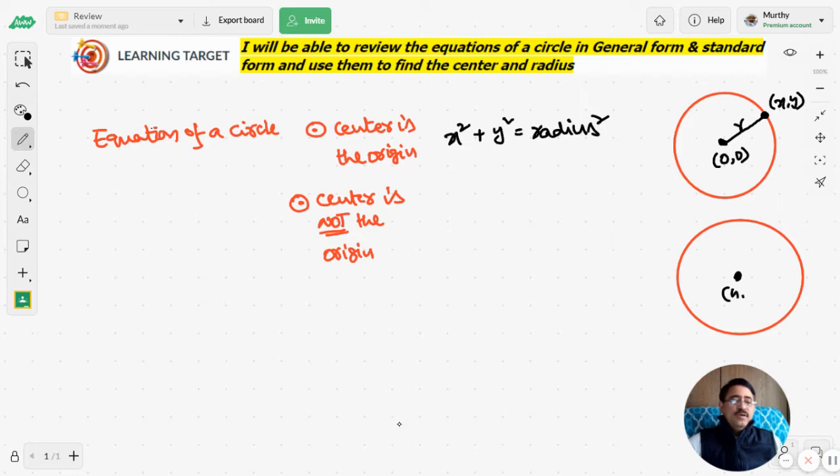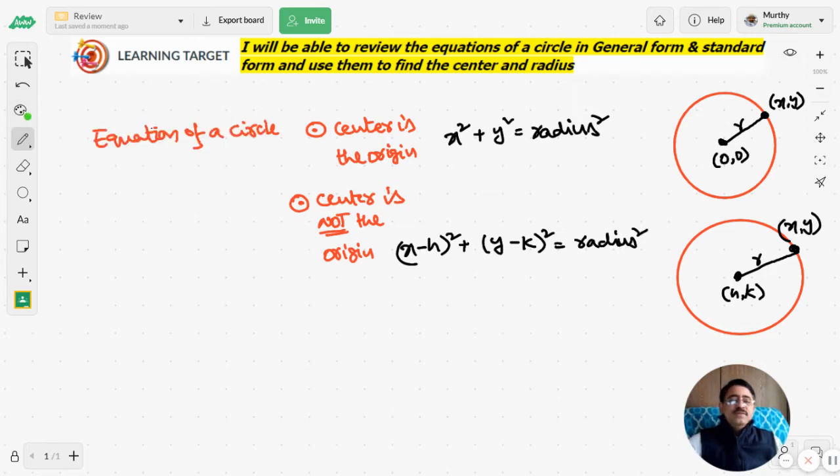Therefore, let me mark it as (h, k) and a point on the circle boundary, that is (x, y), and this is the radius. The formula is (x minus h) squared plus (y minus k) squared equals radius squared.